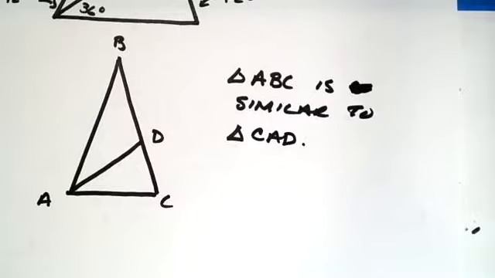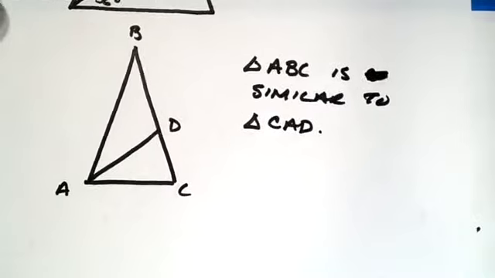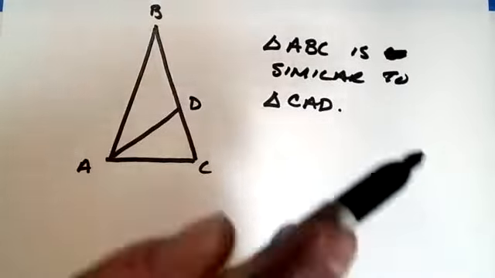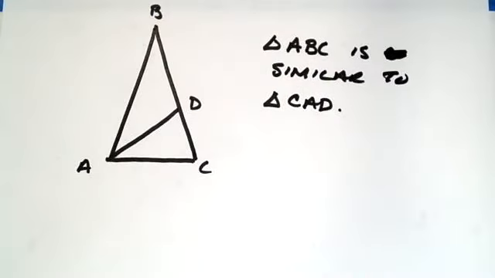Sorry, I've got a little something in my throat there. So why does that matter? Well, we can bring in the fundamental theorem of similar triangles and start doing some interesting things.